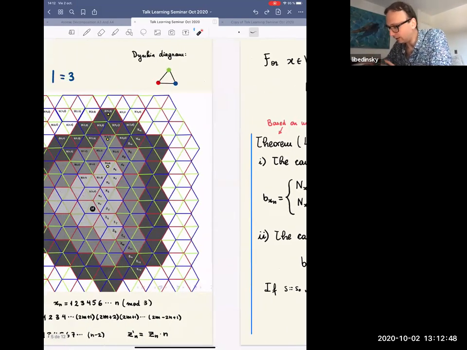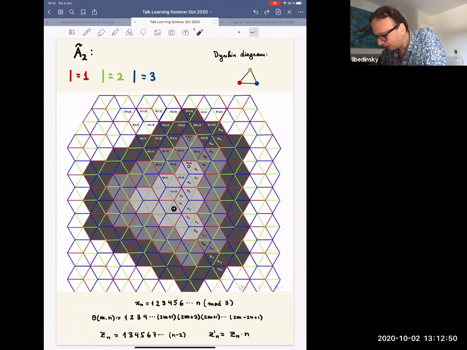Well, essentially, the points here and here and here are kind of the same. You obtain them by rotating the linking diagram, so they behave essentially the same way.